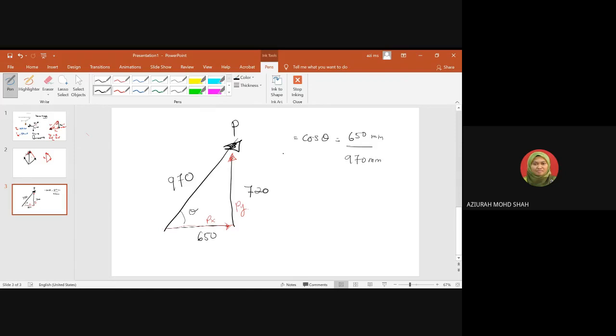And also cos theta, we can also set that Px over P. Because P is the hypotenuse, the resultantnya. Px kat sini, the adjacent line.